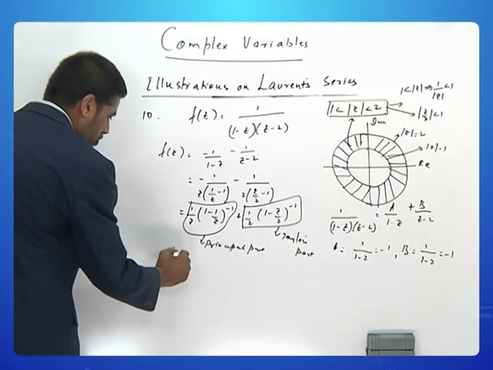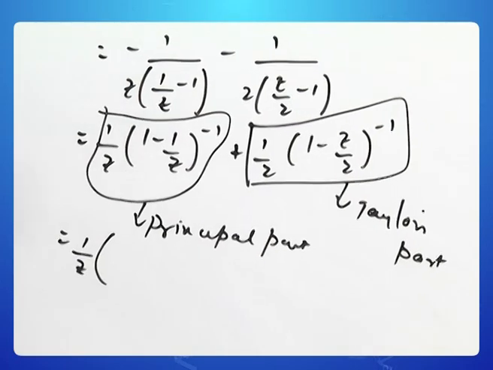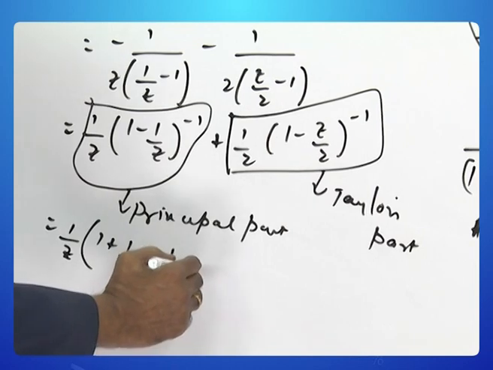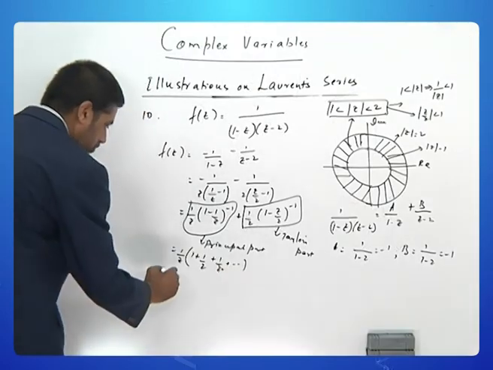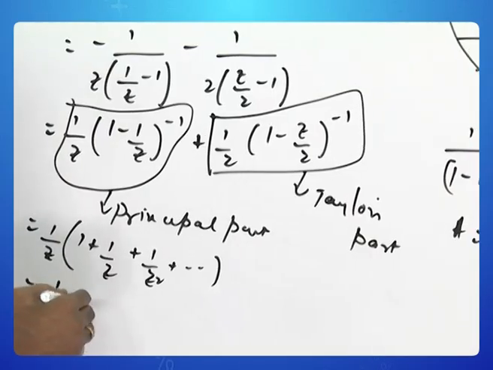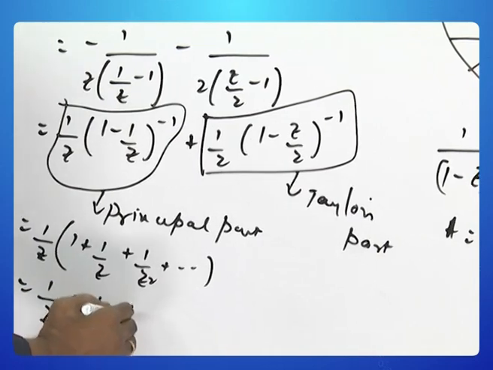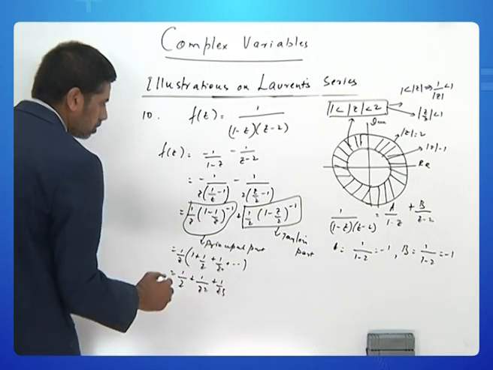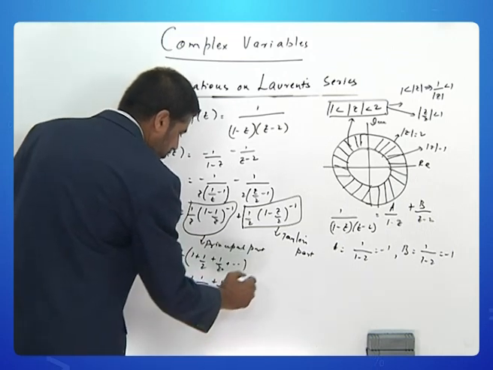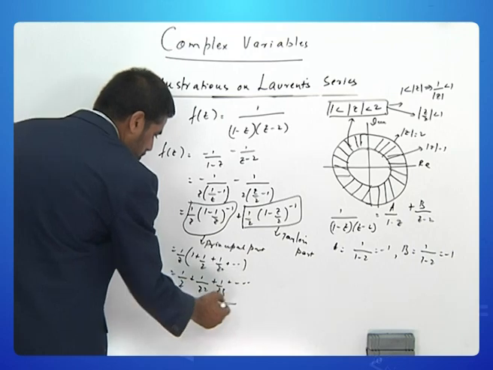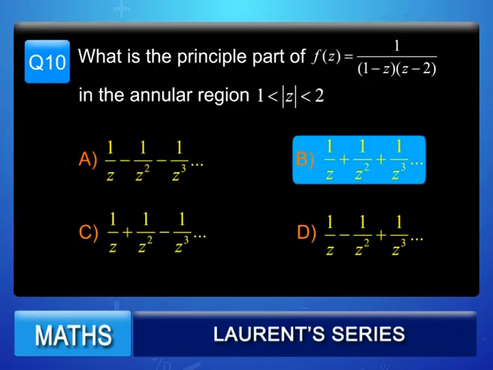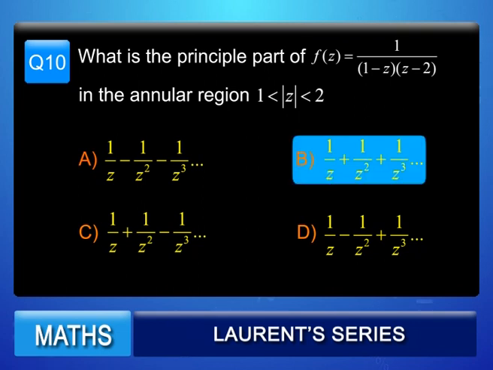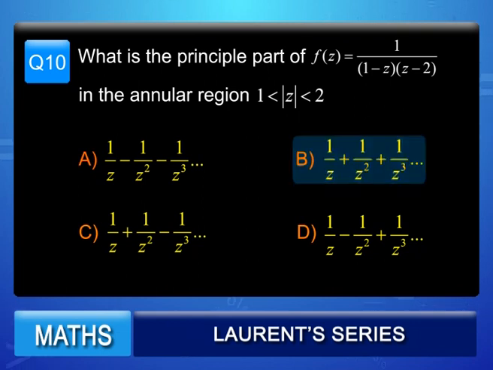You need to expand this to look at the options: 1 by z into (1 plus 1 by z plus 1 by z squared and so on), which is 1 by z plus 1 by z squared plus 1 by z cubed and so on. And therefore, this happens to be the principal part. You can find that option B for this problem is correct.